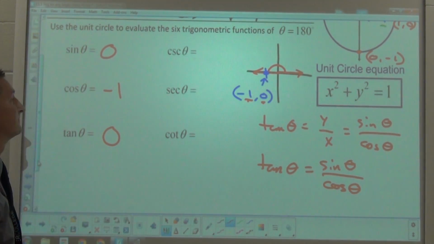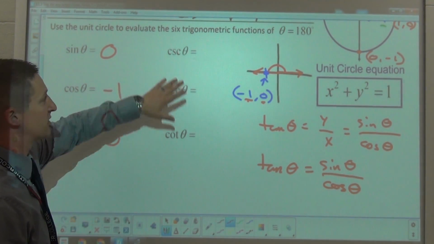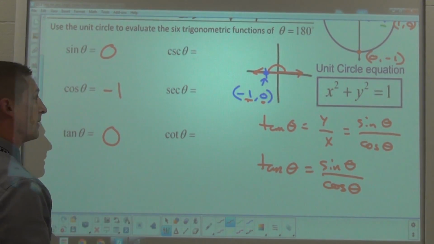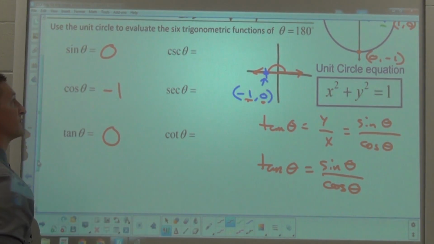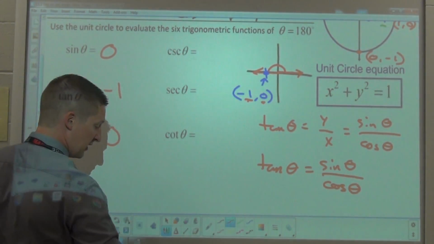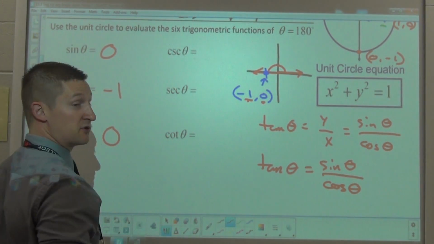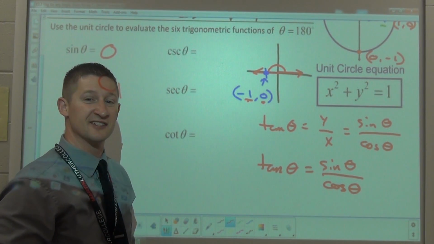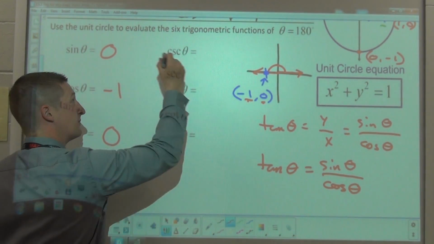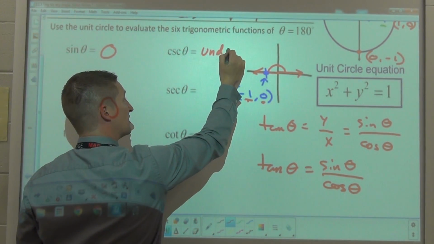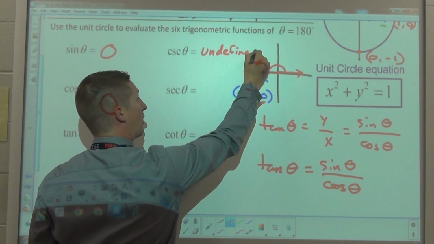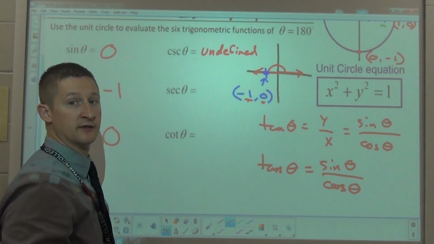Now, anyways, as I'm trying to find my three other trig functions here, remember that these are reciprocals of what I started with. So when I do the cosecant of theta, really that's going to be the reciprocal of 0. But the reciprocal of 0 doesn't exist. All of a sudden I'm supposed to divide by 0, well that doesn't work, so that means the cosecant of 180 degrees would be undefined.